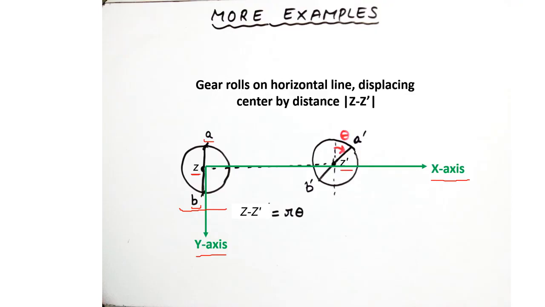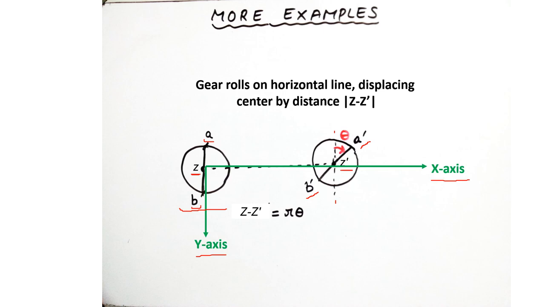And in this process, because the planet gear A has been rolling around the periphery of the Sun gear, as it rolls, the vertical line becomes slanted A prime B prime, making an angle theta with reference to the global y-axis.